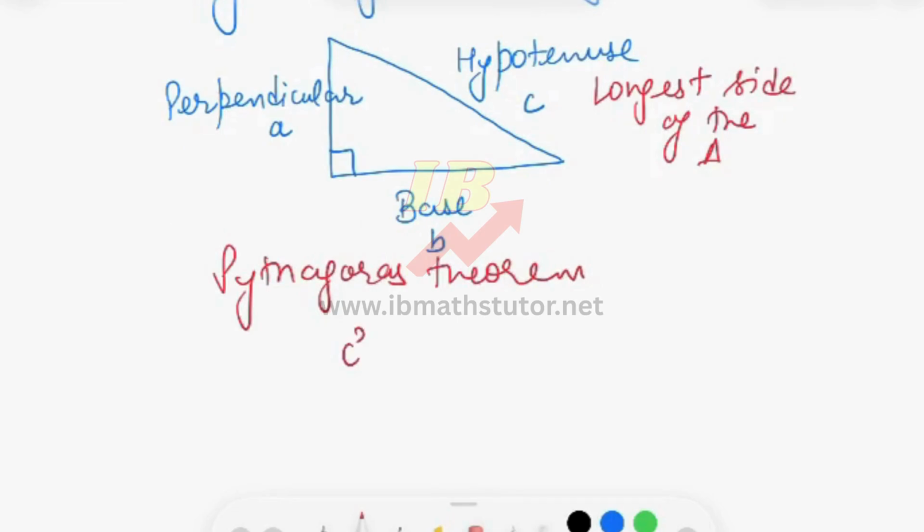The hypotenuse square is equal to the sum of the squares of the rest of the two sides, that is A square plus B square. This is the formula or the rule or the theorem for finding the sides in a right triangle only. We are not talking about the scalene or isosceles triangle. We are only talking about right angle triangles.